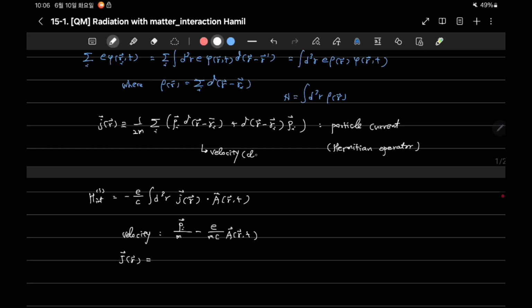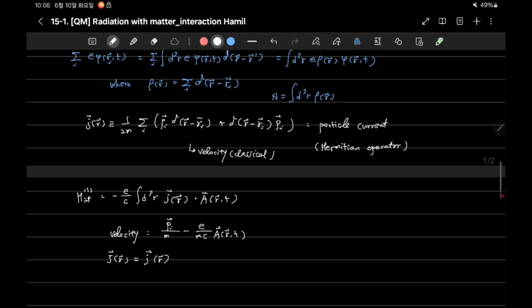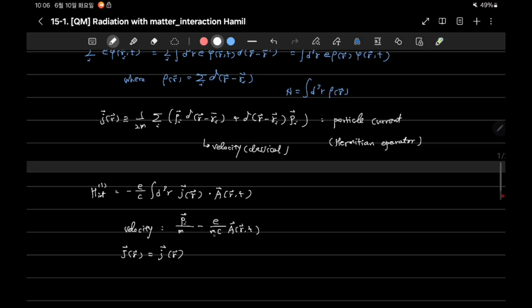In classical mechanics, the basic concept is the classical velocity, so we call it JR, that kind of current. But another velocity term comes from the vector potential. The vector potential term is minus E over mc, vector potential RT, and rho. It is a new kind of operator of particle current.